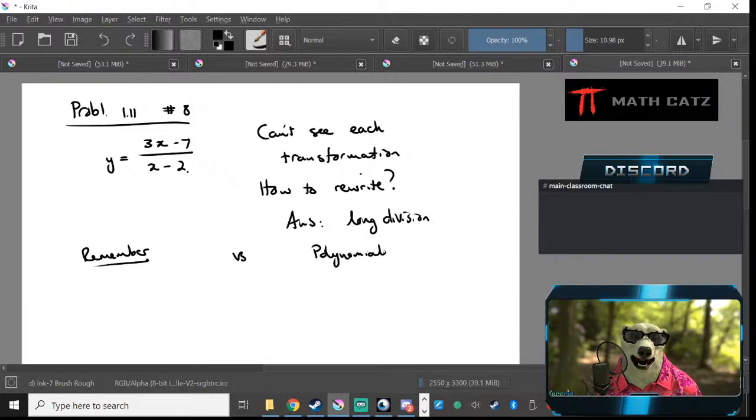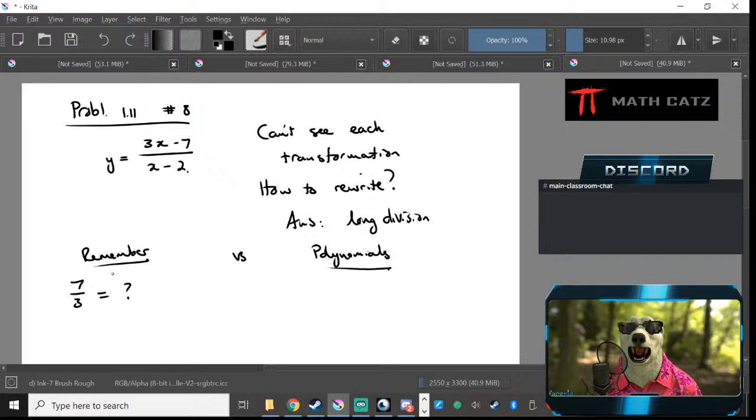It's not going to be so bad because our polynomials are going to be quite small for our purposes. Let's compare this to 7 over 3. I want to rewrite that as the whole number portion and then the fraction portion. Right now it's an improper fraction.